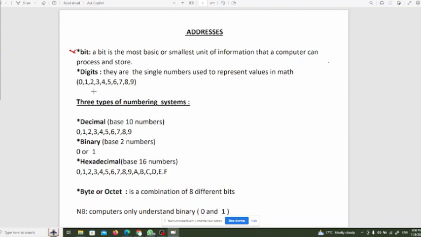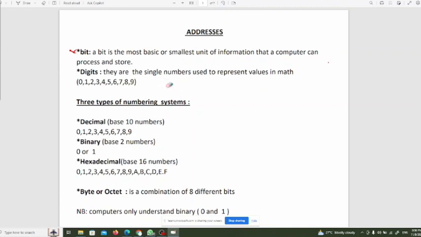So now we have what we call a digit. Digits are just single numbers used to represent values in mathematics. For instance, if you want to write down 15, 1 here is a digit and 5 here is a digit. We have digits that start from 0 up to 9, and mixing those digits, we can create values, for instance 15 here.